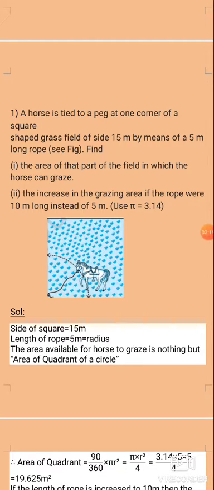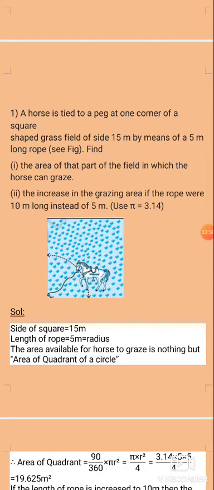Now what is the second question? The increase in the grazing area if the rope were 10 meter long instead of 5 meter. If the length of the rope is 5 meter, we found the area of that sector portion, that is the grazing area, as 19.625. Now if the length of the rope were 10 meter, then you need to find the area of another quadrant.